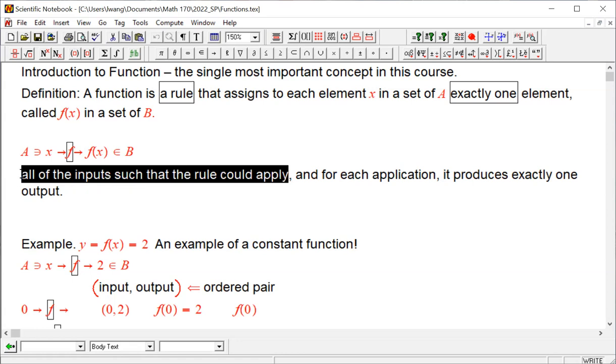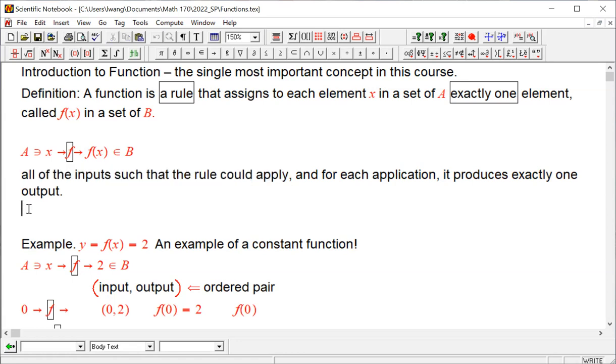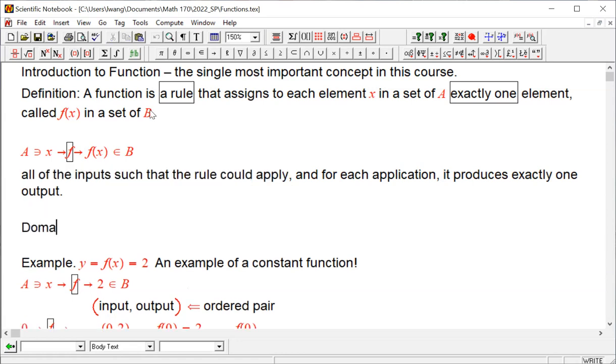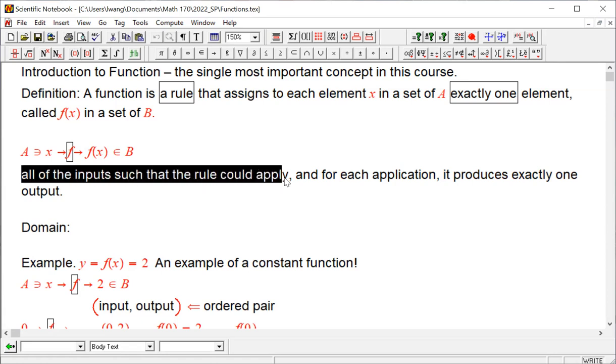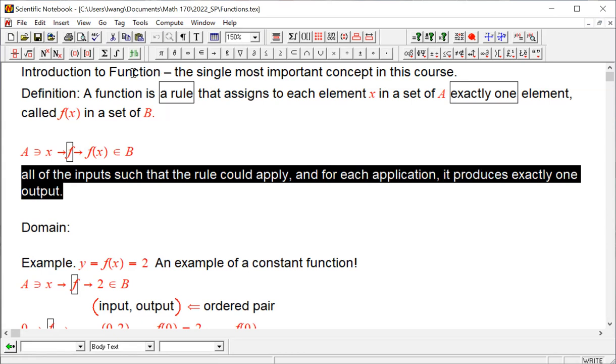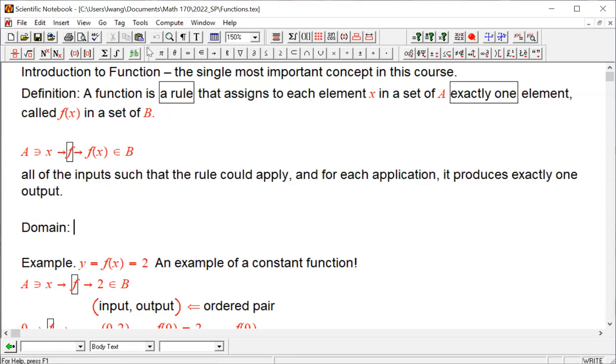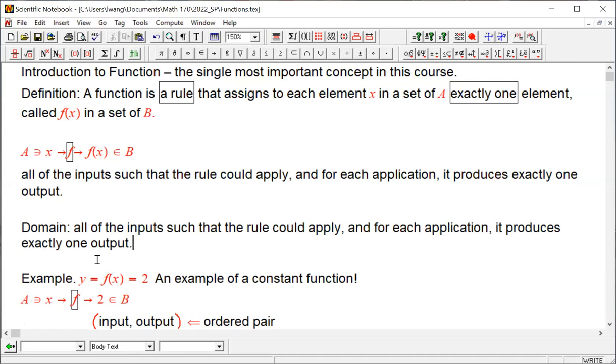All of these inputs together make the domain. So the domain addresses all of the inputs such that the rule can apply, and for each application, it produces exactly one output. So it's natural for us to ask such a question.